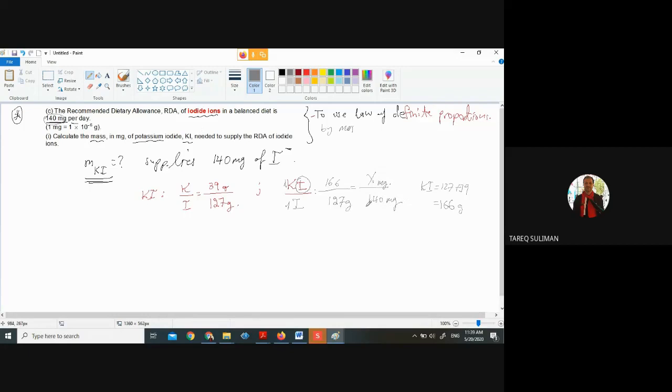No need to convert unless we need the final value in gram. Cross multiply, then it becomes what? 127 grams or 127x, sorry, because gram with the gram cancel, milligram with milligram cancel. 127x equals to what? 140 multiplied by 166.